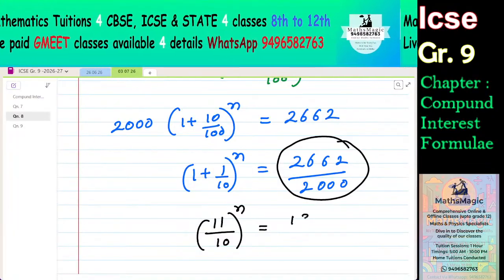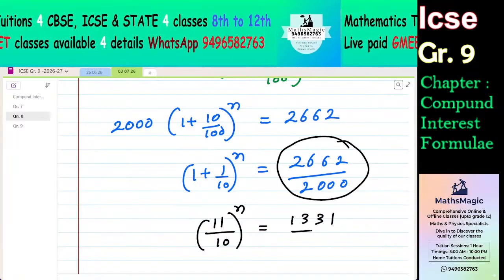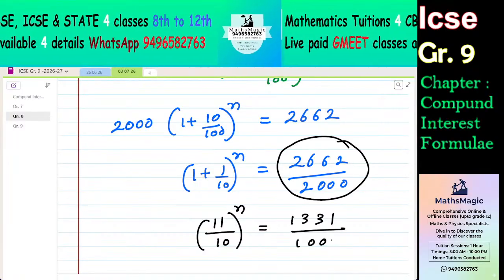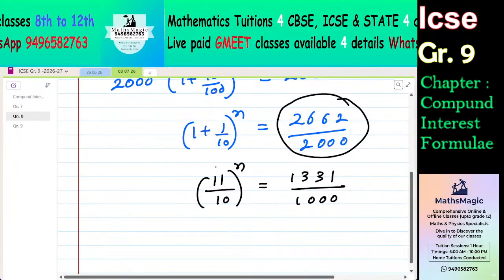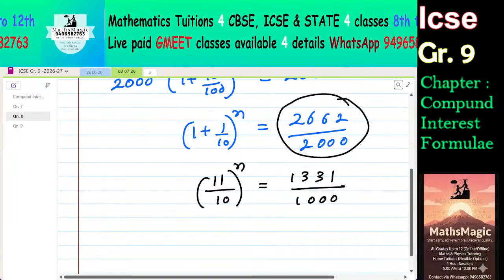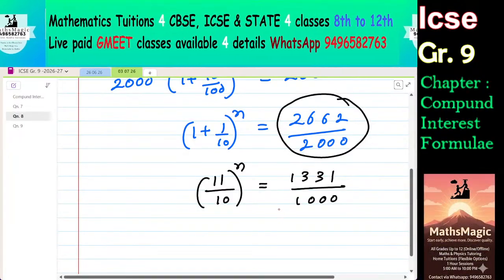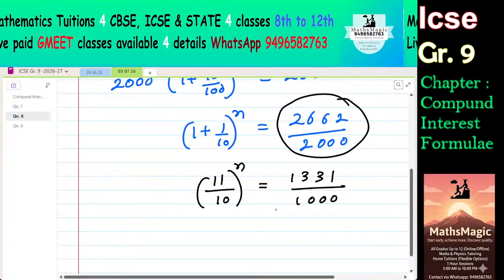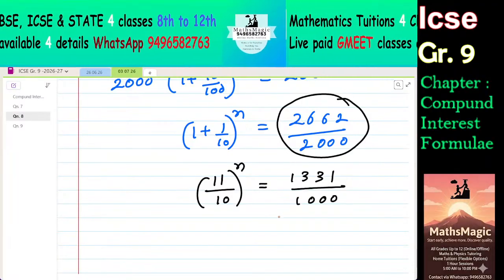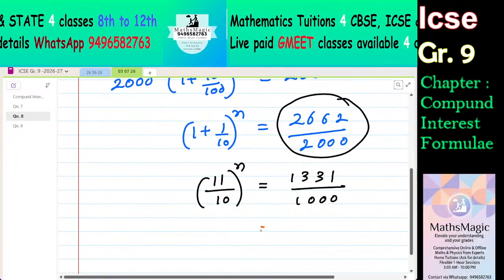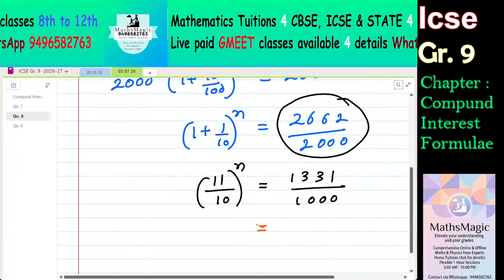Now, simplifying it with 2, you will get like this. See, again, many comments and messages say we are not able to factorize 1331. I have already asked you people to learn that, but leave it.